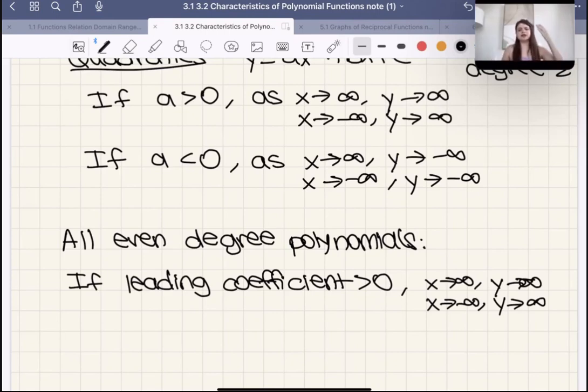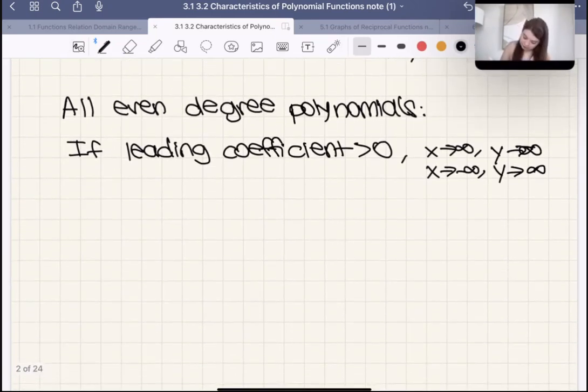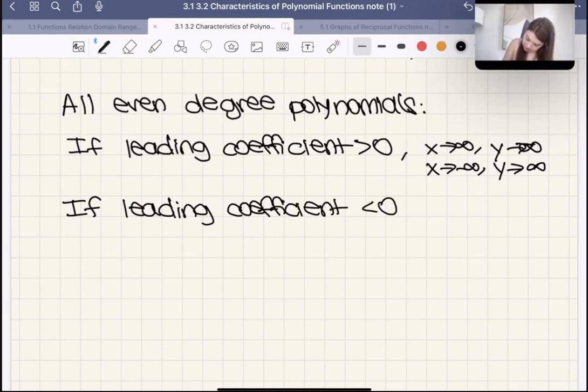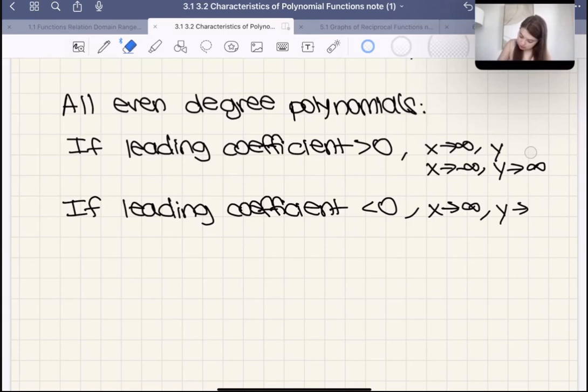And that goes back to something I mentioned earlier, where I was saying that an even degree polynomial isn't going to have a range of everything, whereas in most cases, an odd degree polynomial will range everything. Okay, very good. And then if the leading coefficient is less than 0, then as x approaches infinity, y approaches, sorry, this should look more clear, it's negative infinity, not infinity here.